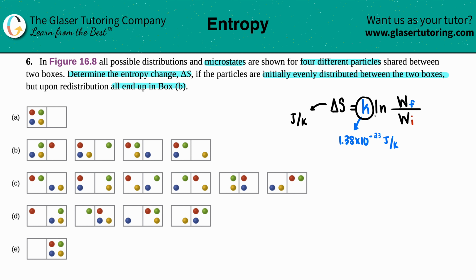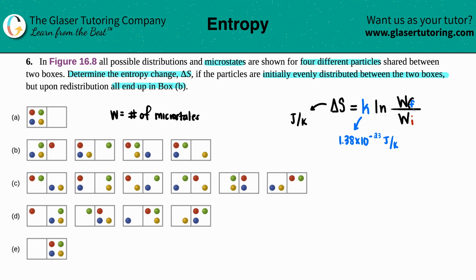So the Boltzmann constant K and your delta S values have the same units, mainly because your W values have no units, so they're unitless. Now, what is a W? The W's are your number of microstates.